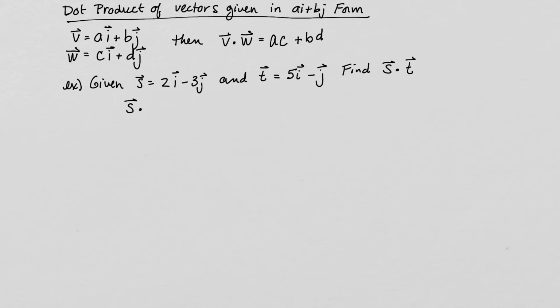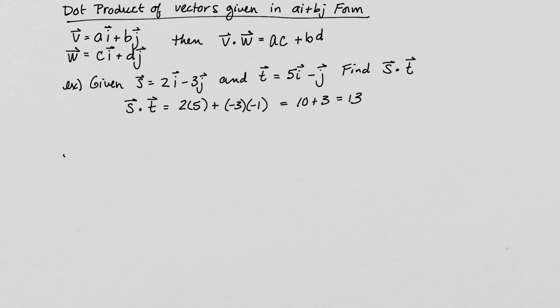So s dot t, we're going to multiply the x components together, those i components. So 2 times 5, plus, we're going to multiply the j components together. So negative 3 times negative 1. In this case, we end up with 10 plus 3, or 13.